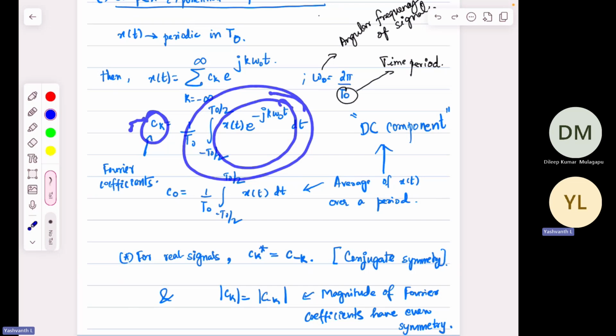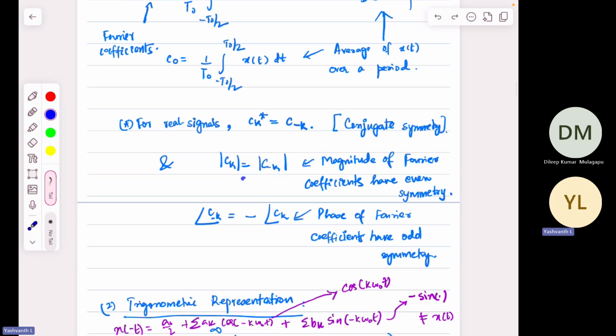For any complex number, you can find the phase and amplitude. If I plot the amplitude of ck as a function of k, then you can show that it exhibits an even symmetry. For example, something like this: it's the mod of ck, and on the x-axis you have k.